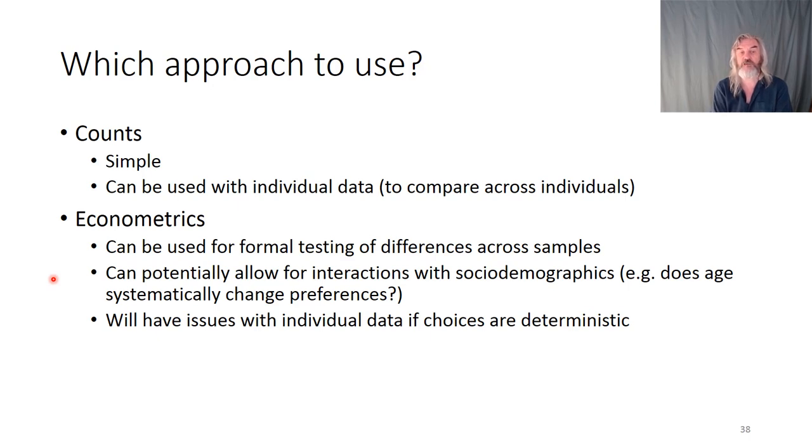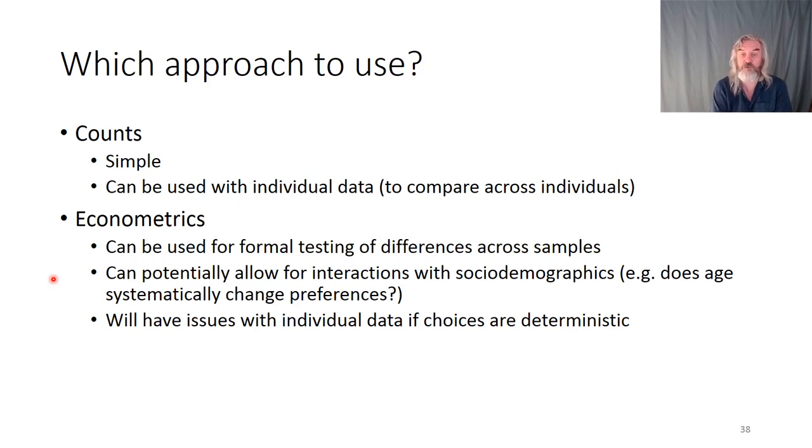So in that sense, going down the econometric route gives you more power in terms of being able to differentiate across different samples. Given I've got a statistical model, I can now start introducing, say, interactions. It may not work so well with the experts, but if you're using a broader population, does age systematically change their preferences, or years of experience?